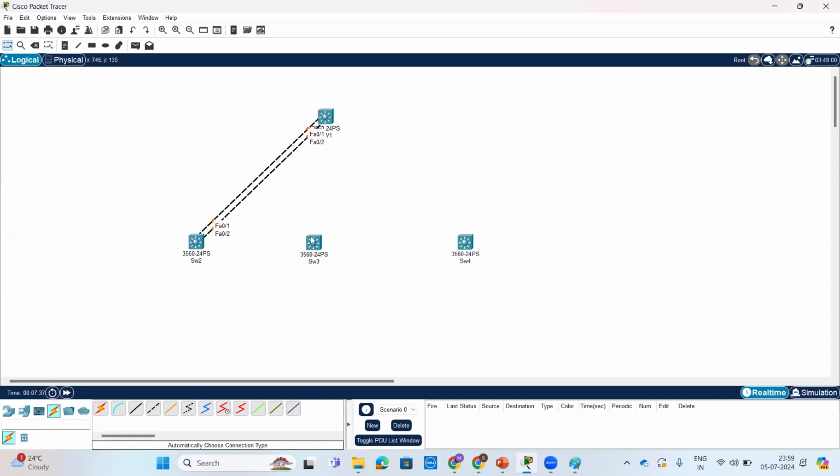Fast Ethernet one by one. In this case, we'll use this one as static. Here we'll use the first method, PAGP or LACP. PAGP will use PAGP. And here we'll use LACP.